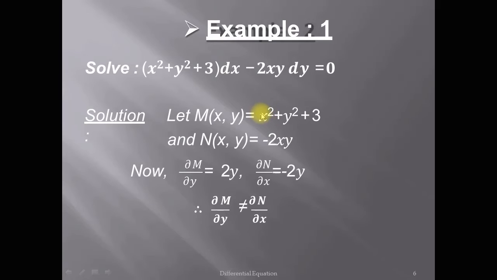The derivative of the terms x squared and 3 will be 0, and the derivative of y squared with respect to y will be 2y. Now the partial derivative of the N function with respect to x: the derivative of x with respect to x will be 1, so we get minus 2y. Since these two results are not equal, this given differential equation is a non-exact differential equation. Now, how to find the integrating factor for this non-exact differential equation?